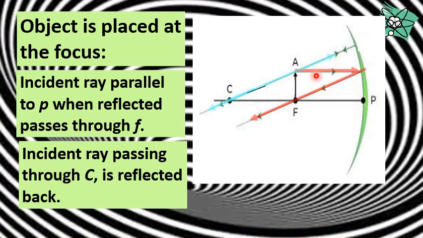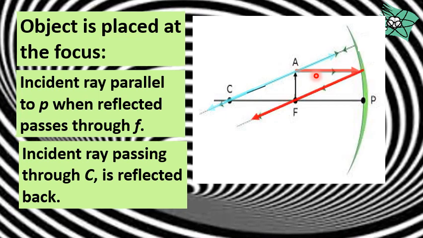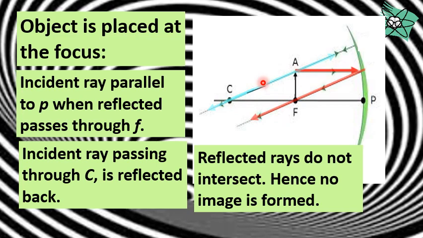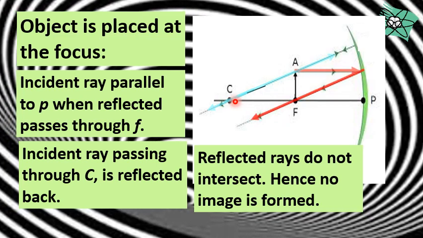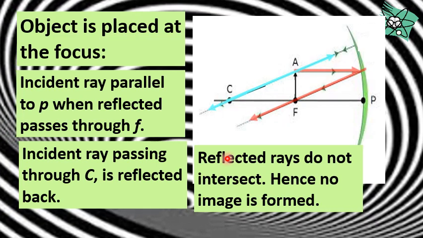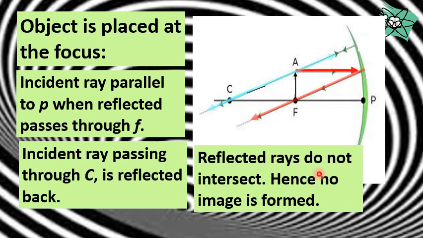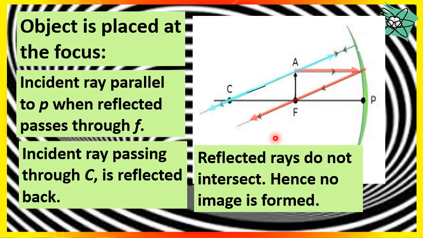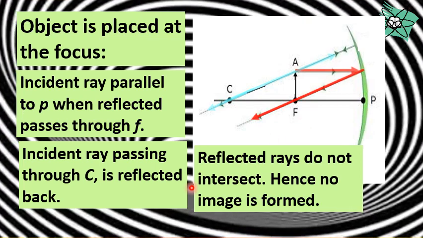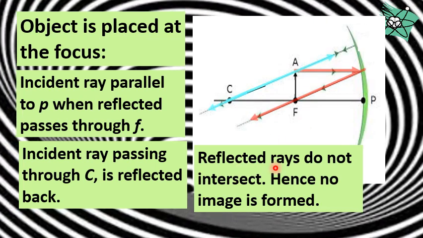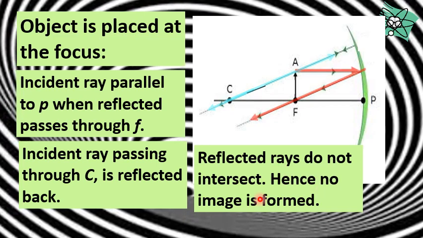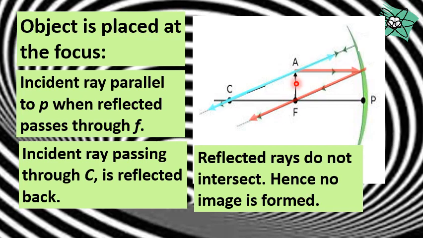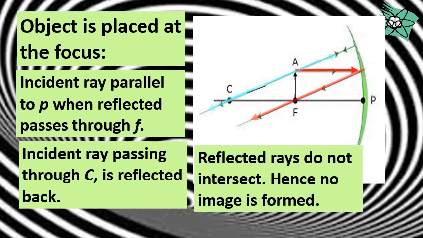When reflected, it will simply be reflected back along the same path, all right? And as a result, the two reflected rays do not intersect. They are parallel to each other, and that explains why there is no image formed in this particular situation.